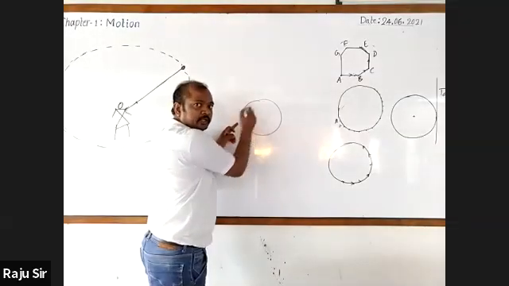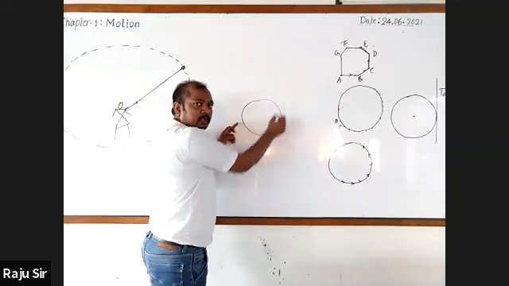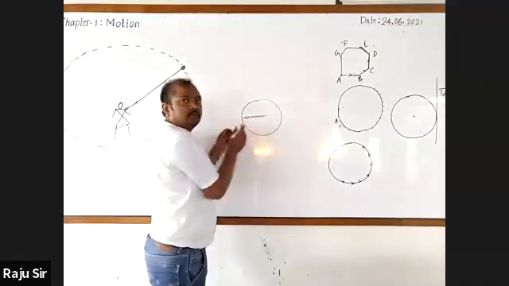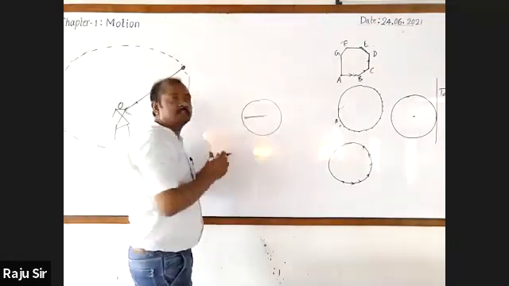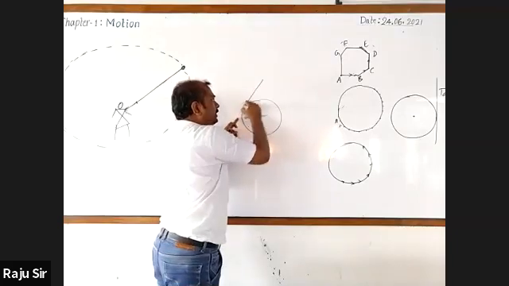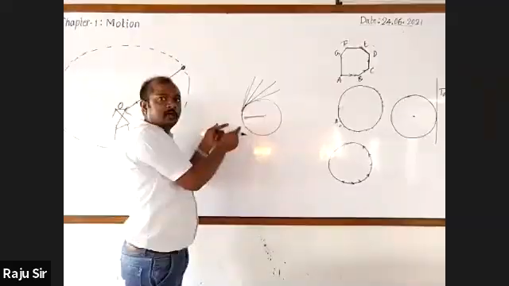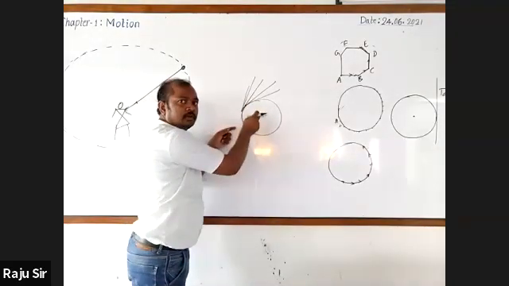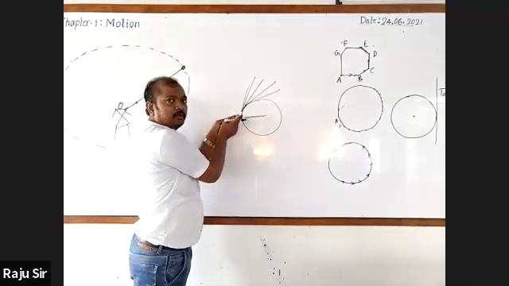The circular stone is rotating in the clockwise direction. When you hold the knife to this, in which direction will the sparks come? Opposite to the place where you are holding the knife, right?